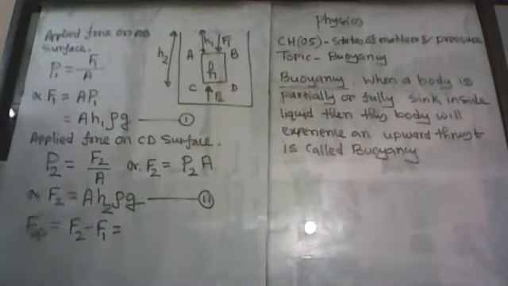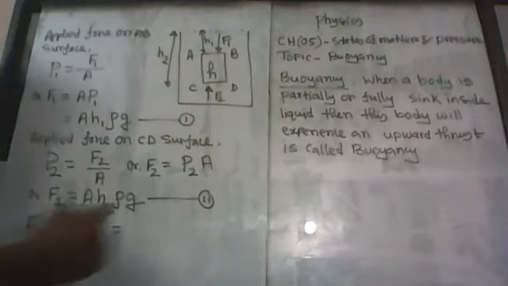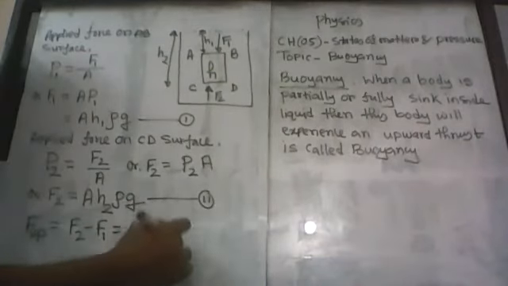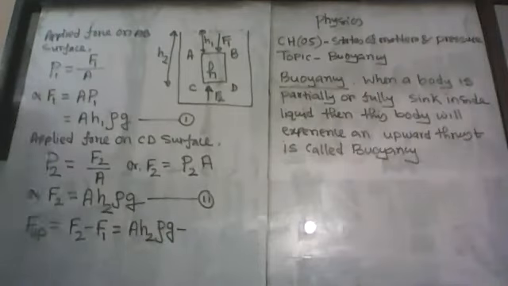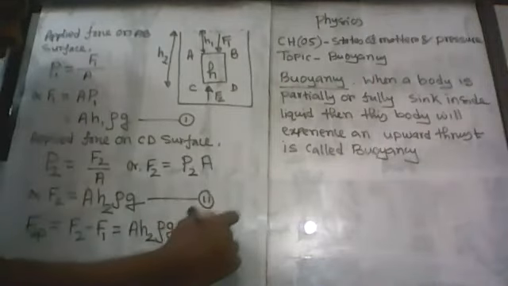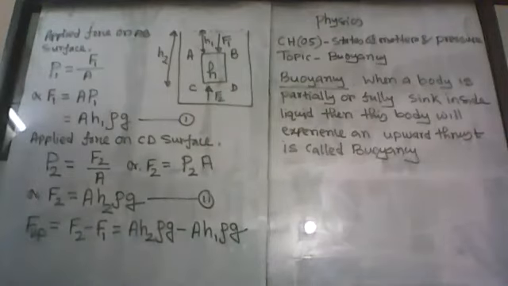So, F2 equals A H2 rho into G, minus F1, which equals A H1 rho into G. Now, I have to find out the value of buoyancy force.